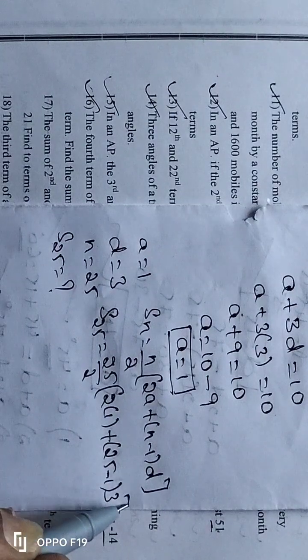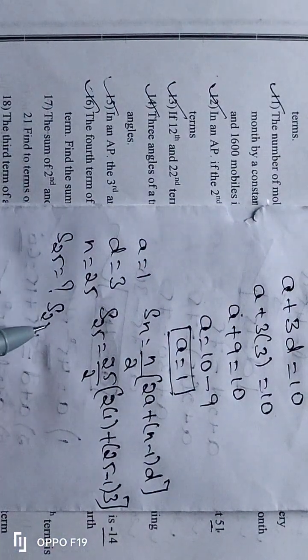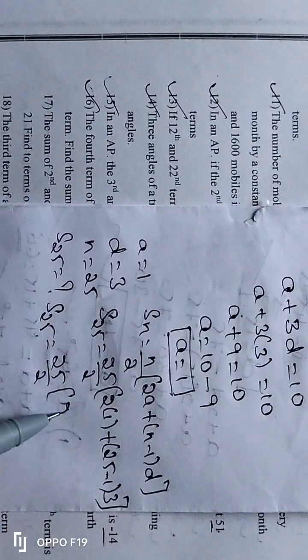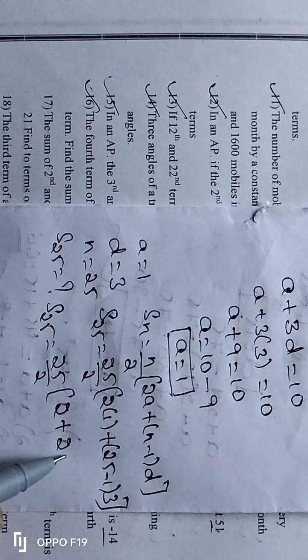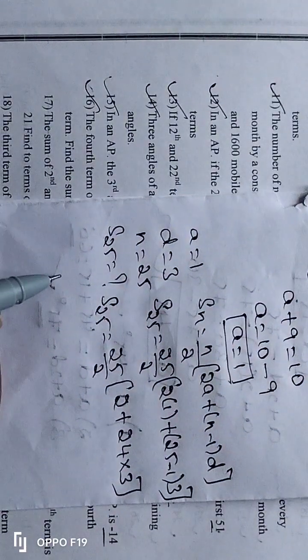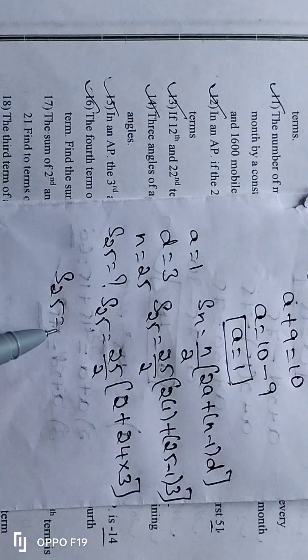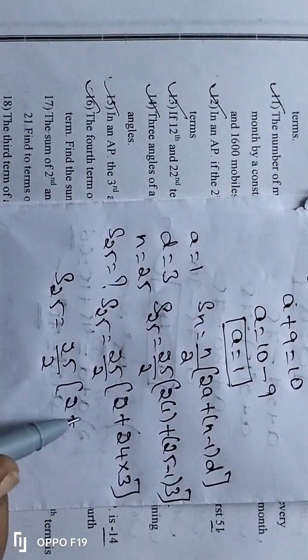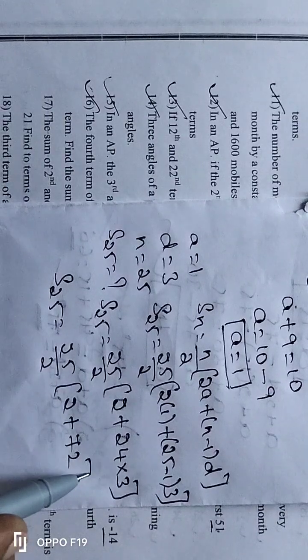So d is 3. So S25 is equal to 25 by 2 into 2 ones are 2 plus 25 minus 1 is 24 into 3. So S25 is equal to 25 by 2 into 2 plus 24 threes are 72.